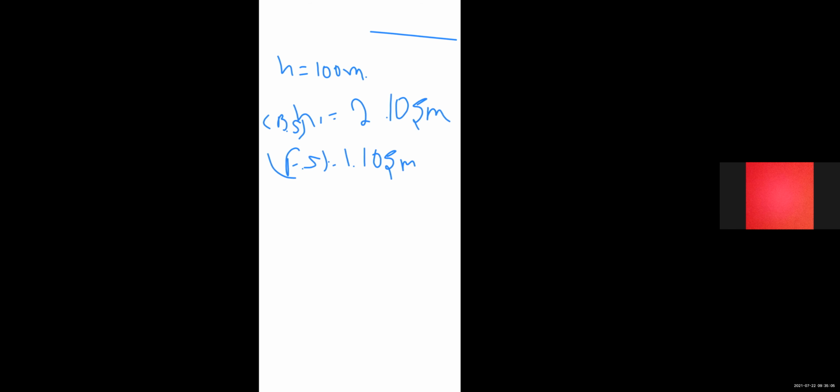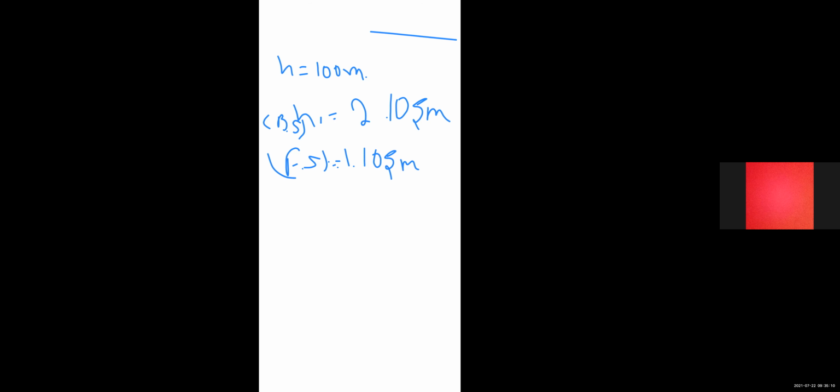So the given information in this question is, the elevation is given, that is 100 meter above the mean sea level, and the backside used to establish height of the instrument is an inverted staff reading, that is backside reading 2.105 meter, and the foresight reading is 1.105 meter.